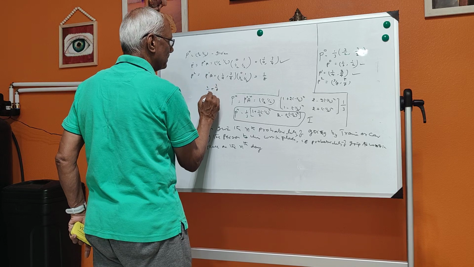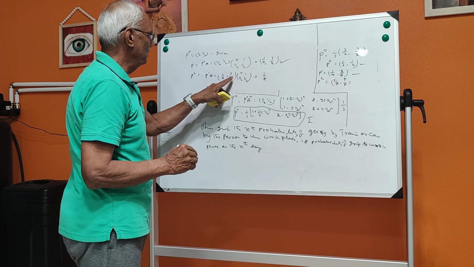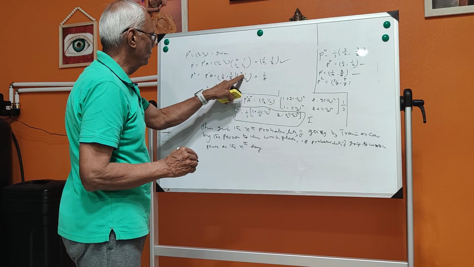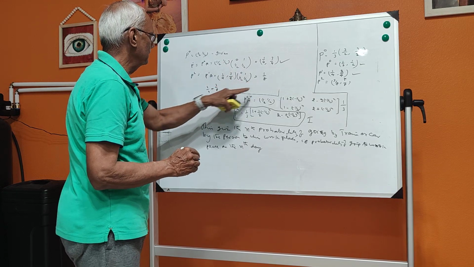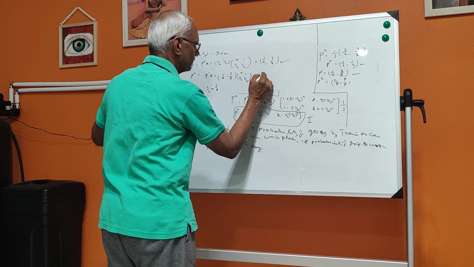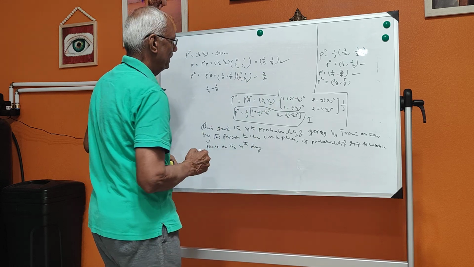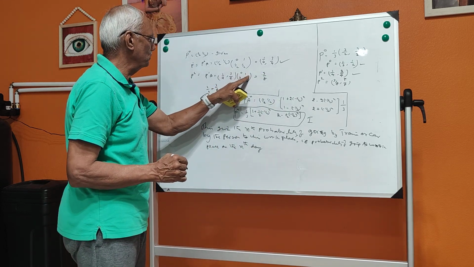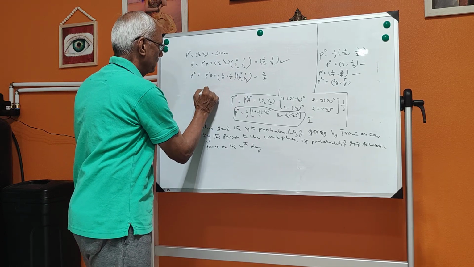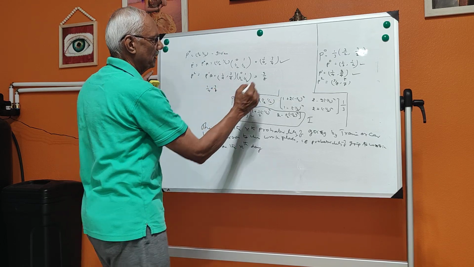So 1 by 4 into 0 is 0, then 3 by 4 into half means 3 by 8. Here it is 3 by 8. And if you do the multiplication, it is 1 by 4 plus 3 by 8, that is 2 by 8 plus 3 by 8, that is 5 by 8.